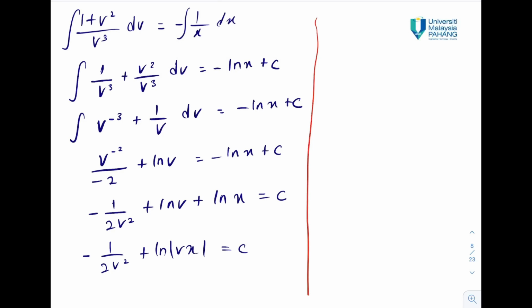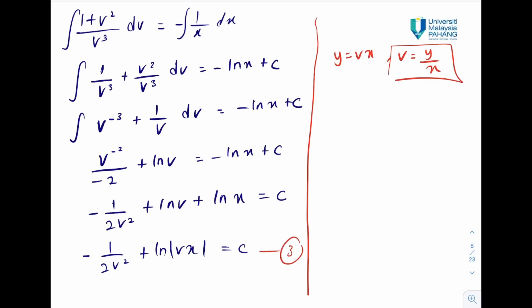So remember that we have y equals vx. I can see that we can start to replace the variable back. Obviously v equals y over x. So we replace this into this one, and we label it as 3.